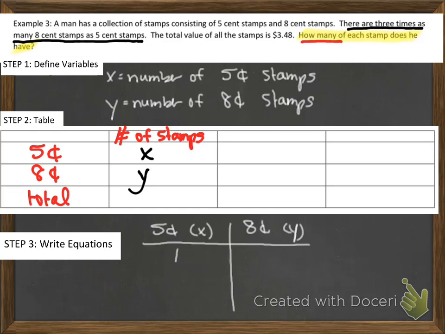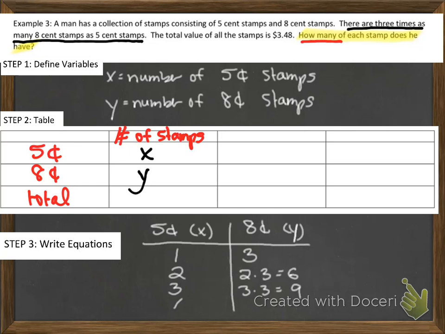So if I have 1 5-cent stamp, according to this, then I have 3 times as many of the 8-cent stamps. If I have 2 5-cent stamps, I have 3 times as many 8-cent stamps, or 6. If I have 3 5-cent stamps, I have 3 times as many 8-cent stamps, which is 9.